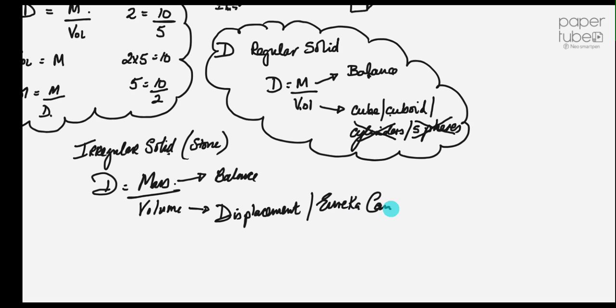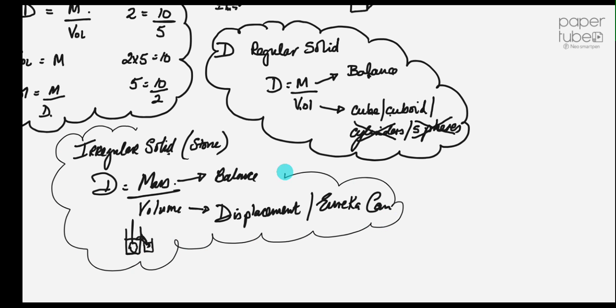What you do is you have your eureka can, which is a can with a spout on it. You fill it up to the level. You then put your stone in it. The water, which is equal in volume, flows out, and then you measure that, and that gives you your volume. And then you find the density yet again. So that'll do for a solid.